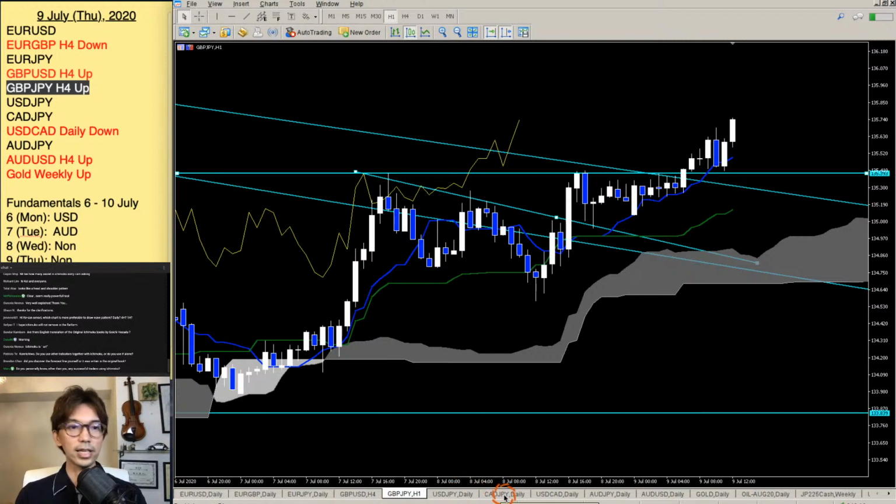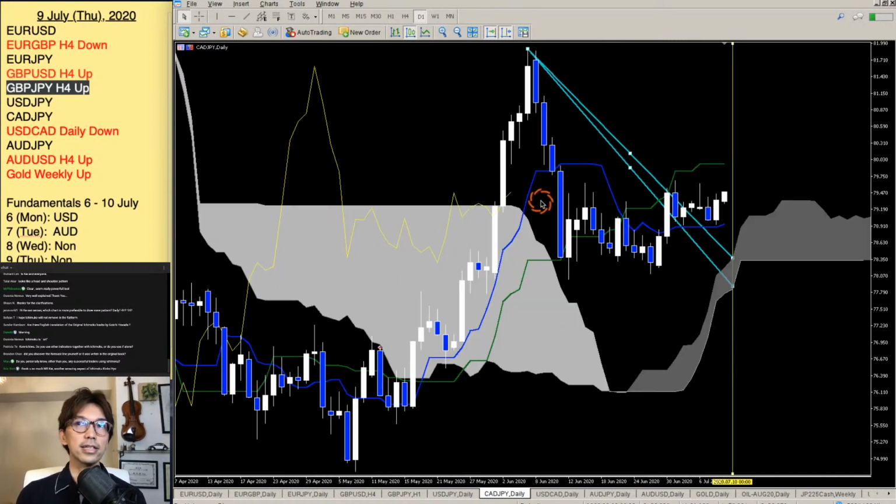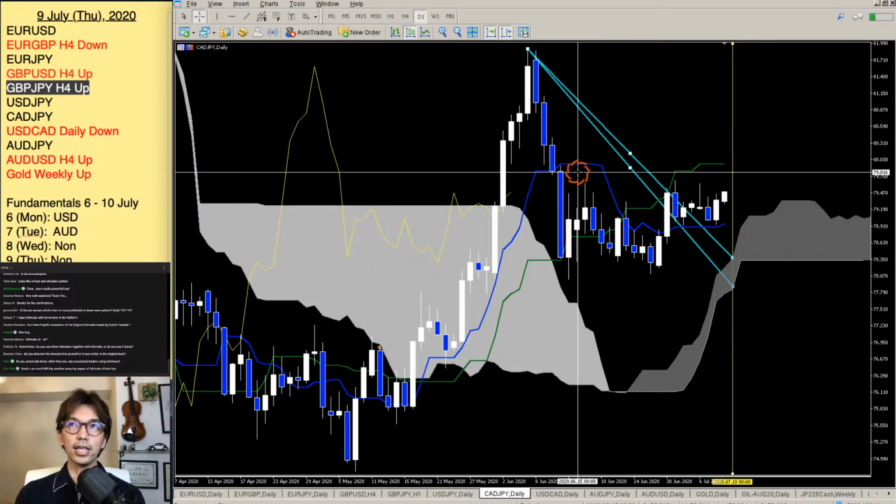So, CAD/JPY that Mac was referring to. Let me just pick this one. This is the CAD/JPY daily chart, right? Now the price is above the forecast line, and I think this is another great example because tomorrow will be the candle close.